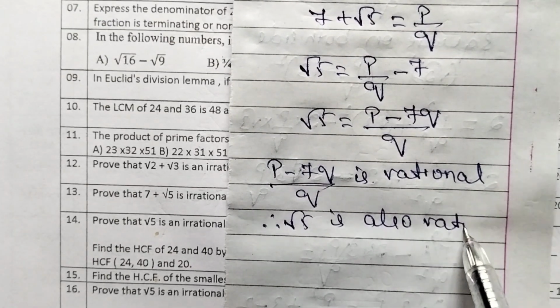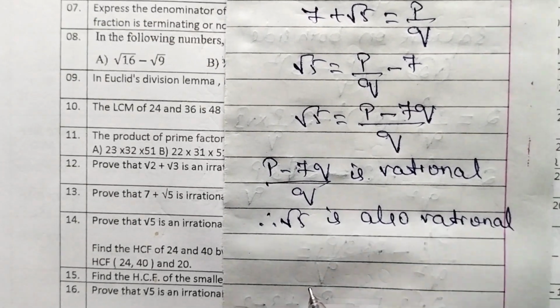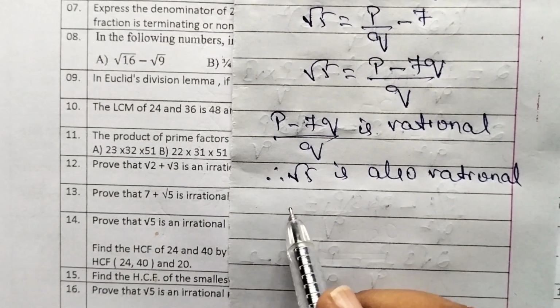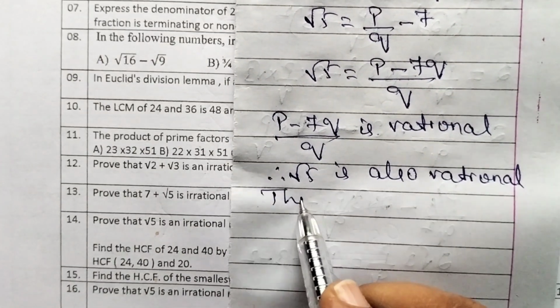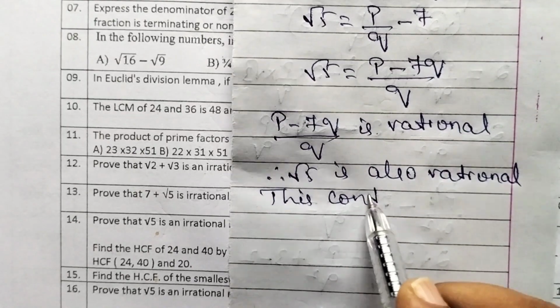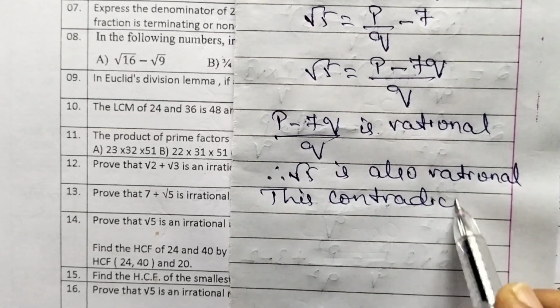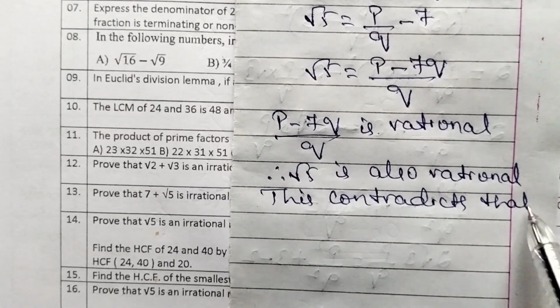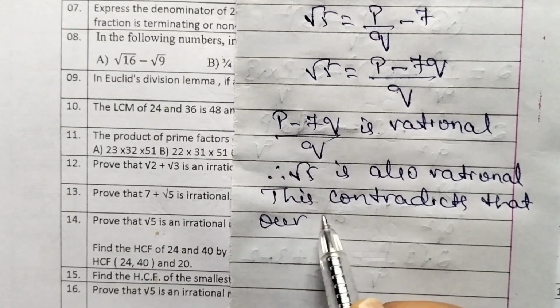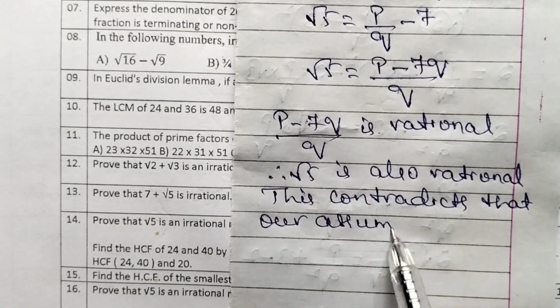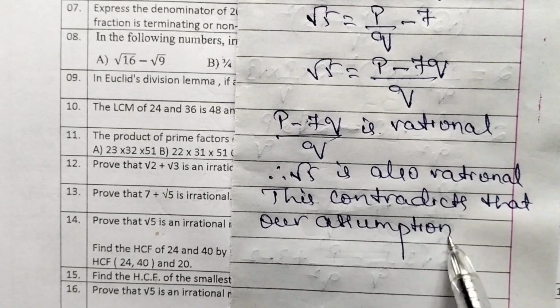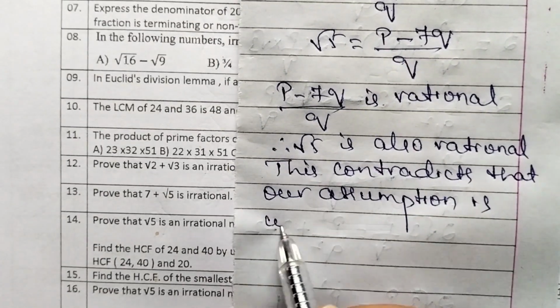So √5 is also rational. Since √5 is rational, this contradicts that our assumption is wrong.